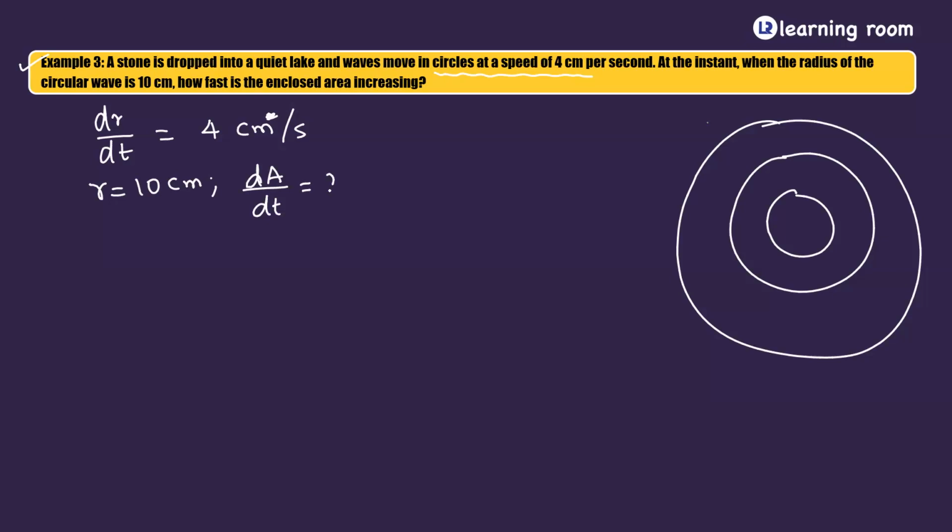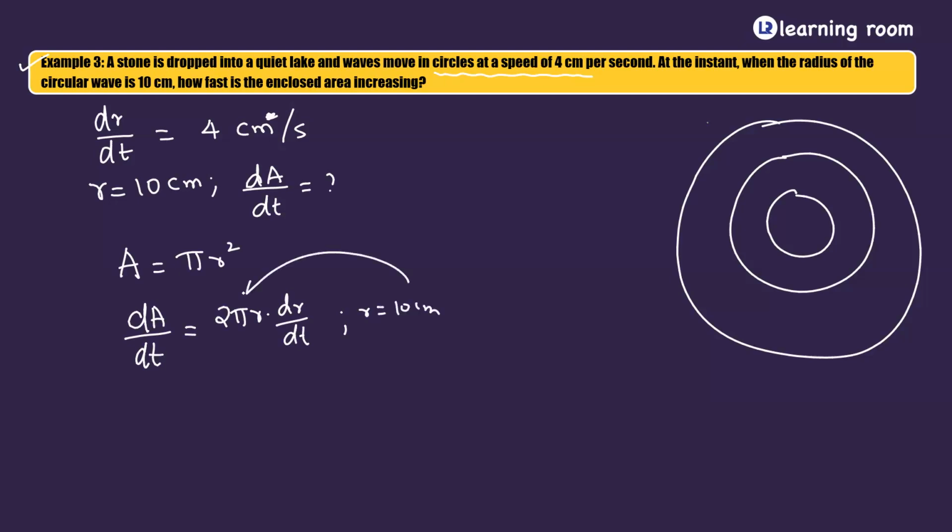That's what the question is. What is the value of area? Area is pi r square. We need dA divided by dt. So that is going to be 2 pi r into dr divided by dt. What is the value of r? r is equal to 10 centimeters. Put it here. So you have 20 pi into what is the value of dr by dt? It is 4. Answer will be 40 pi centimeters square per second.